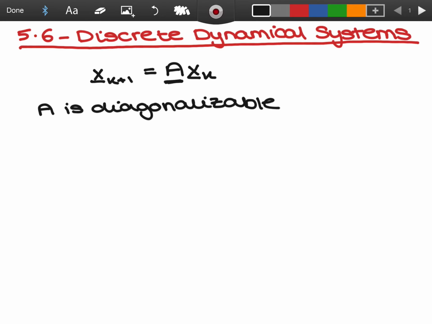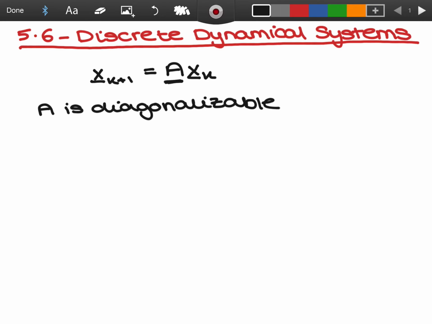That means if A is an n by n matrix, it means that it's going to have n linearly independent eigenvectors, and it's going to have n eigenvalues. They may not be distinct, but you're going to have the n eigenvectors associated with the n eigenvalues. So the multiplicities of the eigenvalues will match the dimension of each of the eigenspaces.